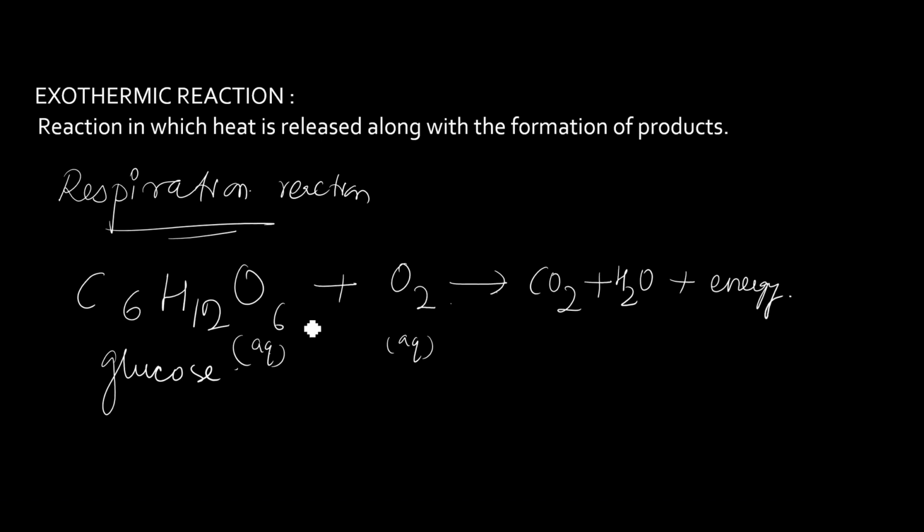Now balance the reaction: 6CO2, 6O2 and 6H2O. This is in aqueous and this is in liquid form. So this is an example of an exothermic reaction in which again a large amount of heat is released.